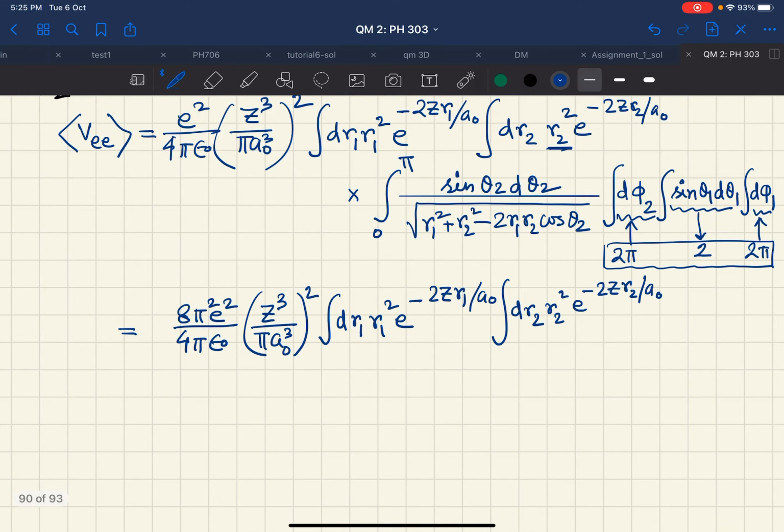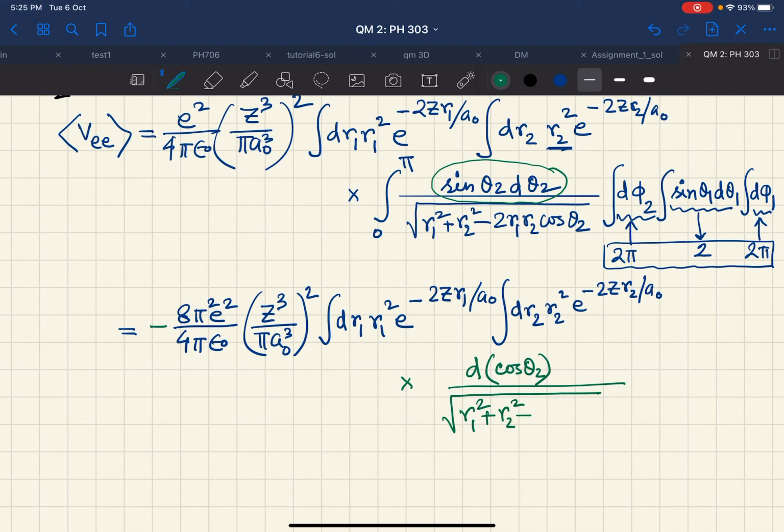Now I will use this trick that I will write this whole sine theta 2 d theta 2 as minus d of cos theta 2, right? So I will write this as d cos theta 2 with a minus sign in front, and this will become the integral of 1 over square root of r1 square plus r2 squared minus 2 r1 r2 cos theta 2. And now because this integration is from 0 to pi, this will be changed to from minus 1 to plus 1. That's it.